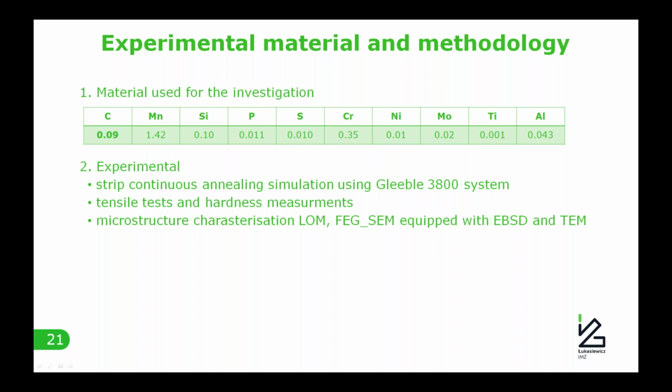The experimental methodology consists of strip continuous annealing simulation using the Gleeble 3800 system, density tests and hardness measurements, and microstructure characterization using light optical microscopy, high-resolution scanning electron microscopy equipped with EBSD, and scanning transmission electron microscopy.